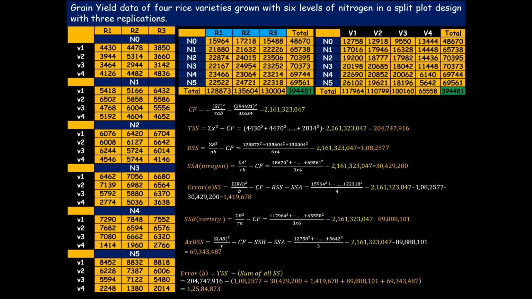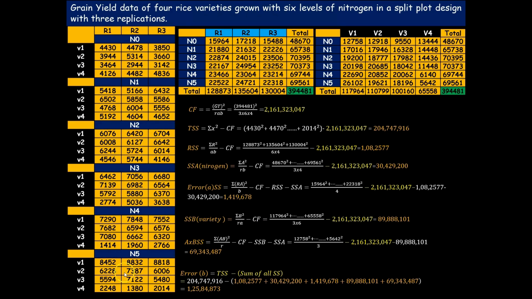So let us take an example which involves data on grain yield of 4 rice varieties grown with 6 levels of nitrogen in a split plot design with 3 replications. The 6 levels of nitrogen in this case are the main plot, and the 4 different rice varieties, that is V1, V2, V3, and V4, are treated as subplot.